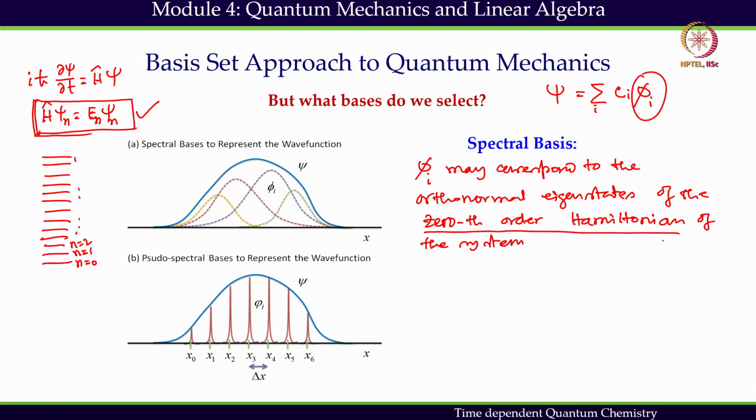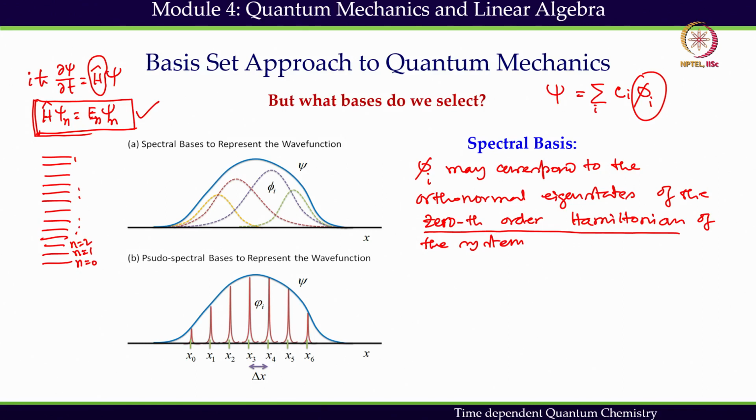The Hamiltonian which does not include any external potential, it is just the Hamiltonian of the system. So, for the particle in a one dimensional box, it should be just a kinetic energy operator.